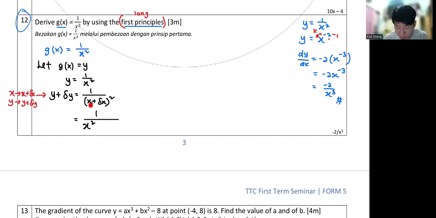The next one is x times delta x times 2, right? When they expand it, x times delta x times 2. So you get this. These two x, as I mentioned before, cannot become square. You have to write it separately.